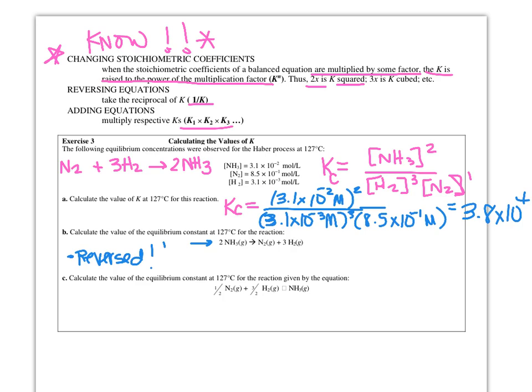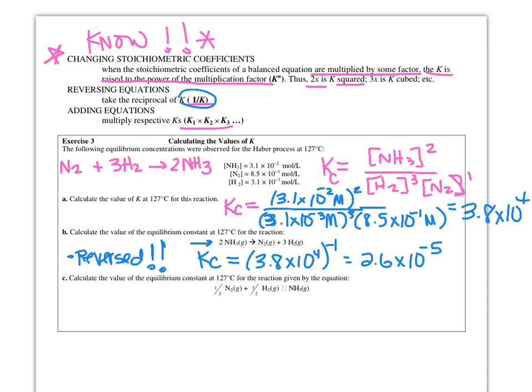So if I reverse the reaction, then I am going to do the inverse of K. So my new Kc value in this equation is going to be 3.8 times 10 to the 4th to the negative 1, or you can just do 1 over on your calculator, so 1 over whatever you just calculated. And when I do that, I get 2.6 times 10 to the negative 5th as the new K value. So that would be the K value for this equation.